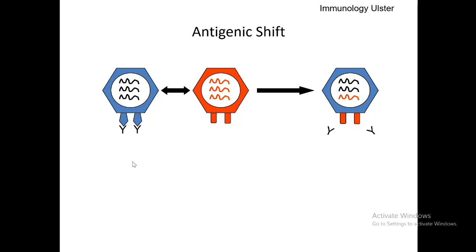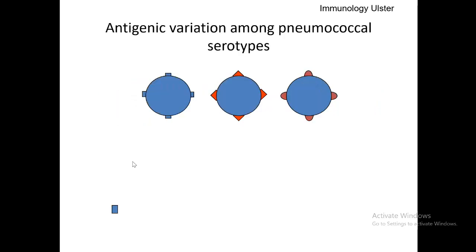And same again, because it's changed the nature or structure of the PAMP that's being expressed on the surface, our antibodies are no longer able to recognize the pathogen in question. And this has come with pneumococcal serotypes, very difficult.